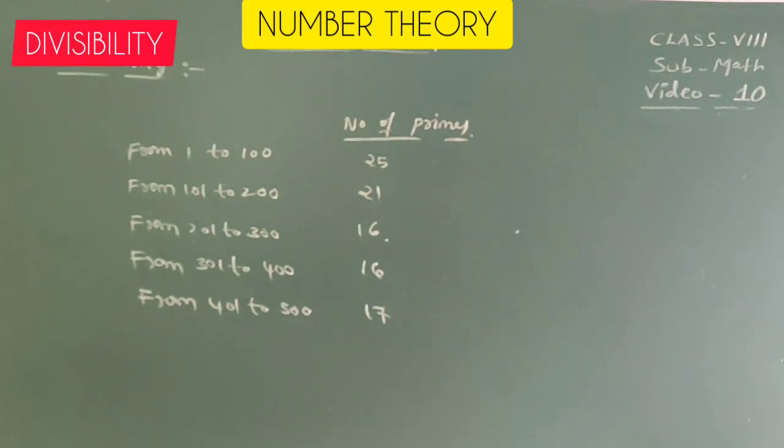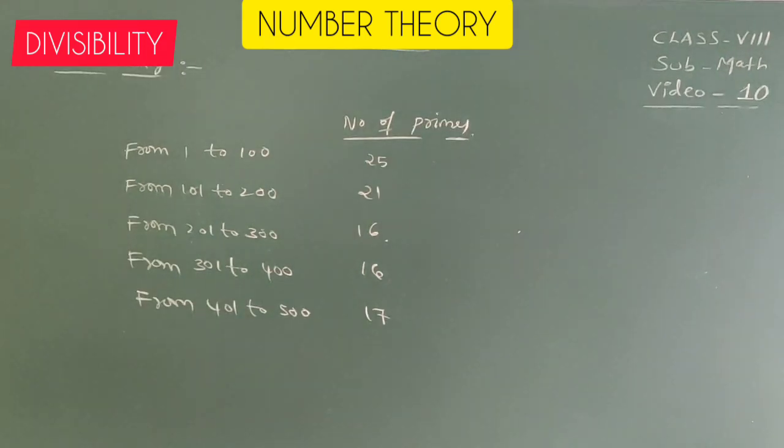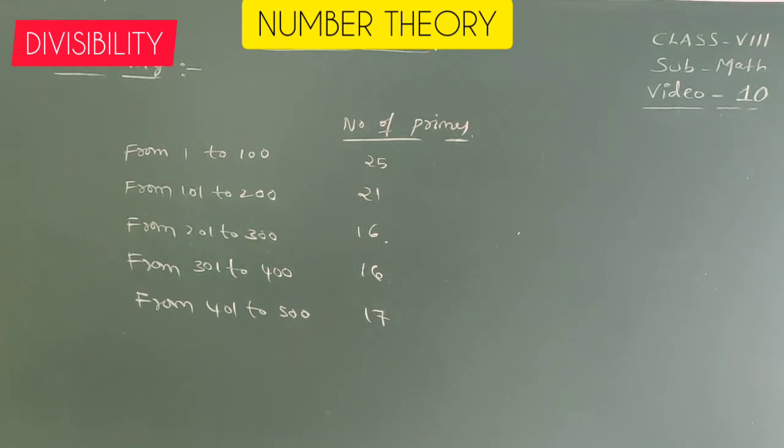Next, from 101 to 200, there are 21 primes. From 201 to 300, 16 primes. From 301 to 400, 16. From 401 to 500, 17 primes. From 500 to 600, 14 primes.